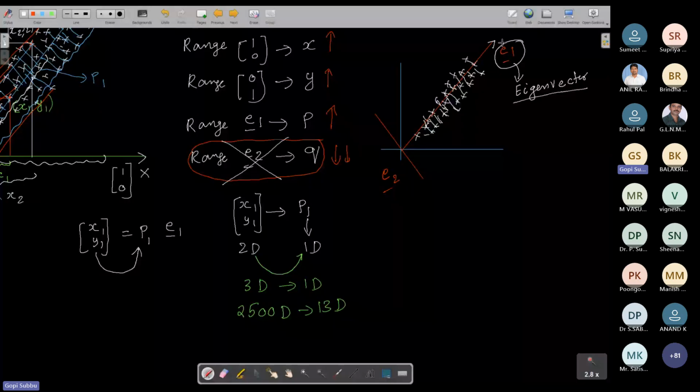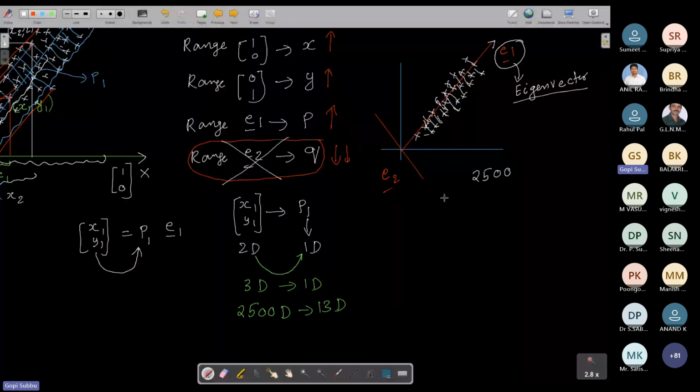Suppose it is from 2500 dimensions. Then we have to first identify the direction of the maximum variance, then the next largest direction of maximum variance, and so on. Those are all the eigenvectors we have to find.